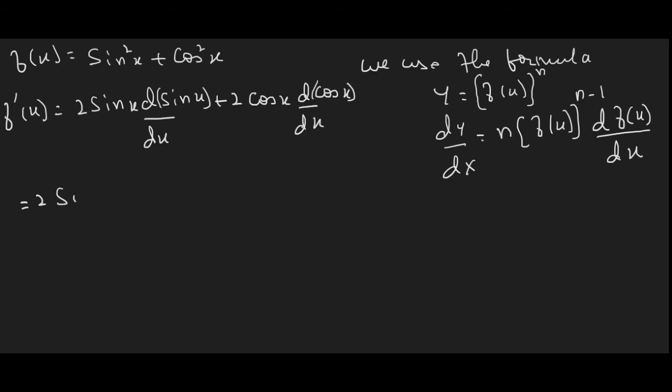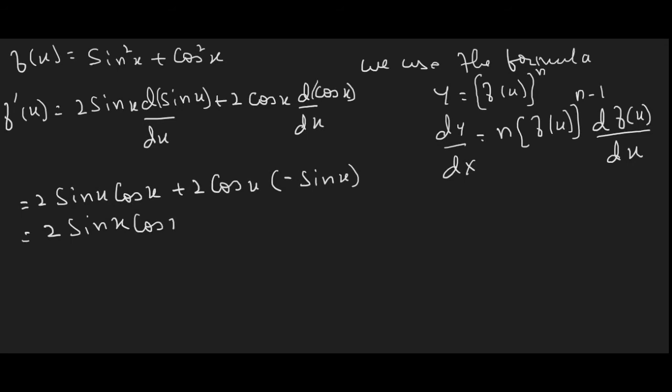Now 2 sine x, derivative of sine x is cos x, plus 2 cos x, and the derivative of cos x is minus sine x. So we can write 2 sine x cos x minus 2 cos x sine x. Now these two can be cancelled. We get 0. So the answer in both cases will remain the same. Which method suits you? You can use this method.